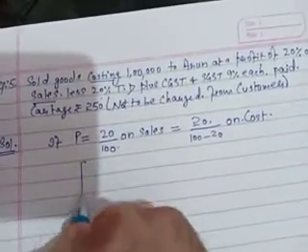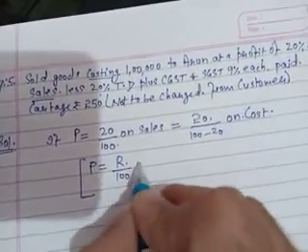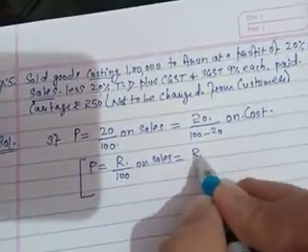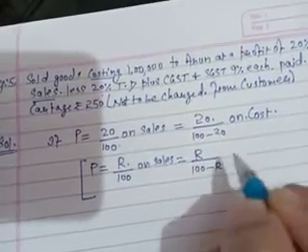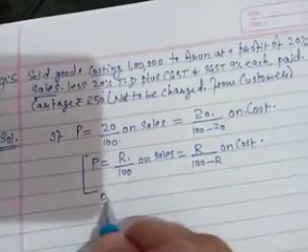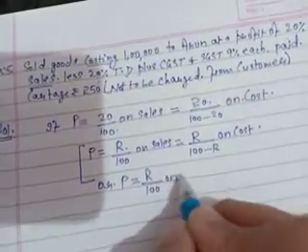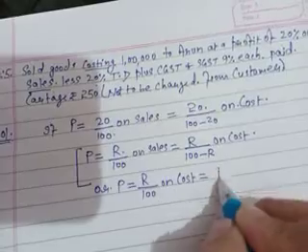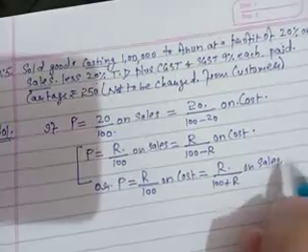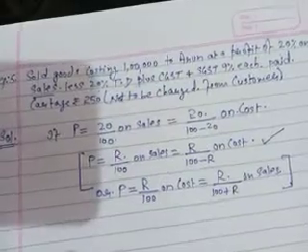That means if profit is rate over 100 on sales and we have to calculate it on cost, it will be rate over 100 minus rate on cost. And reverse, if profit is rate over 100 on cost, it will be rate over 100 plus rate on sales. But in our case, this particular equation applies.